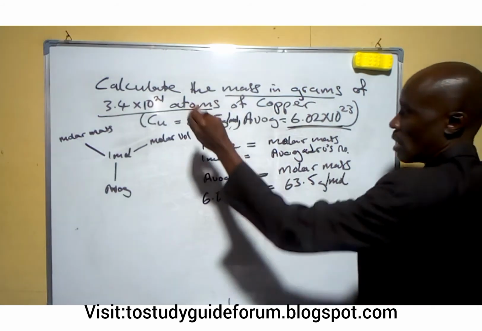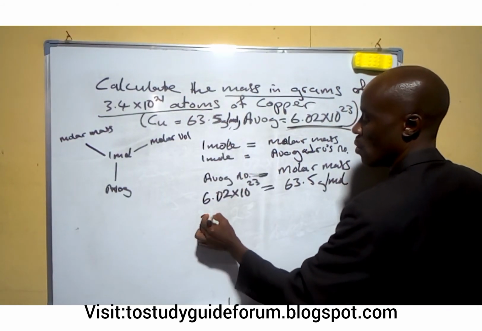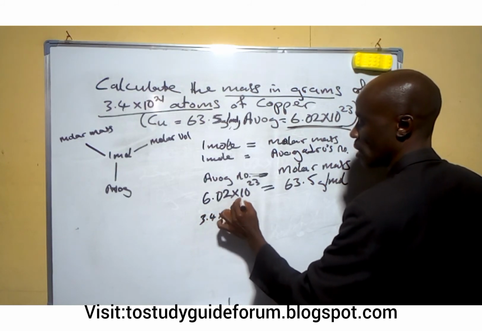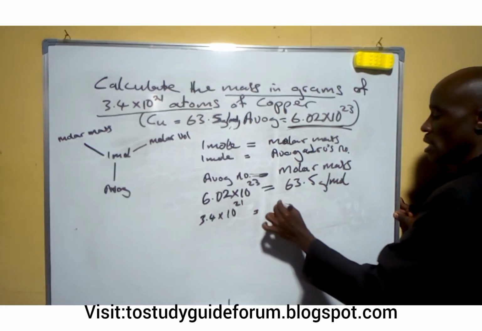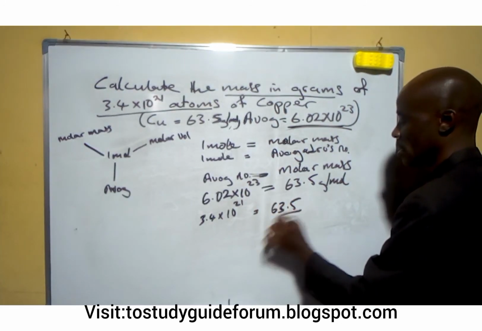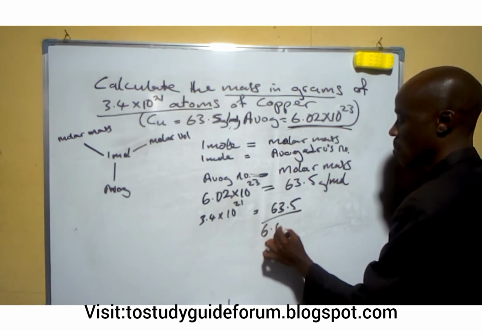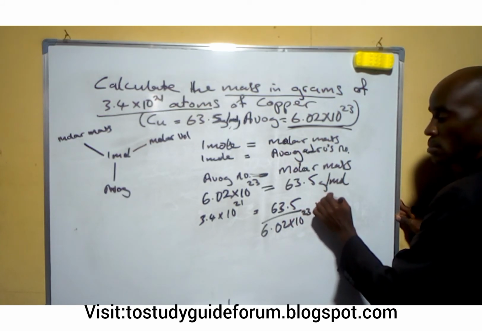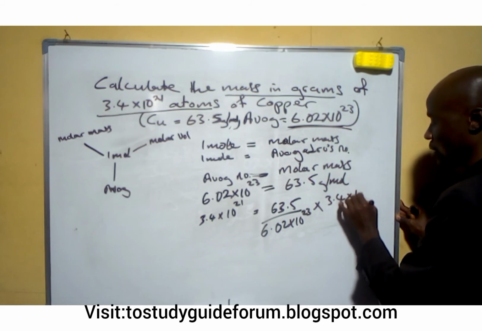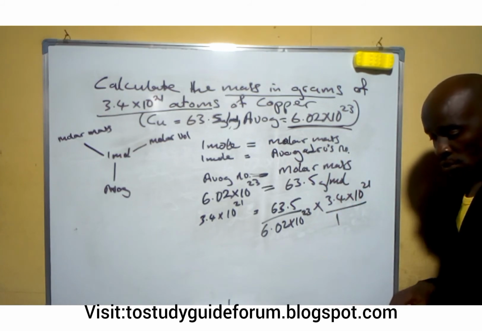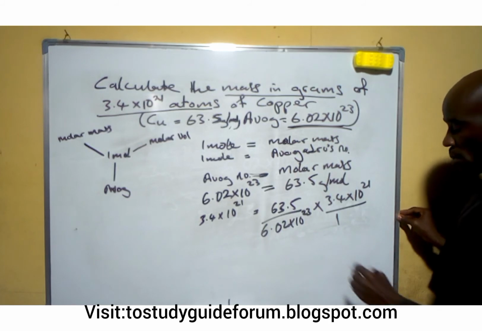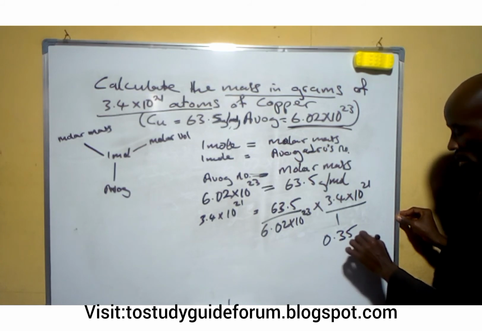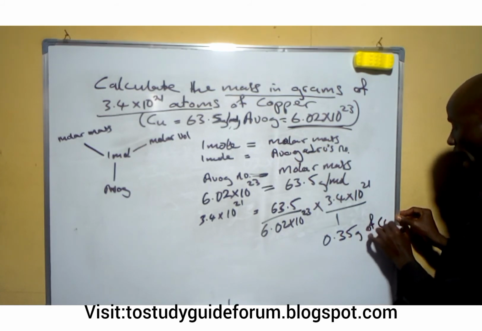Then for this other one, we don't know the number of grams, and we have 3.4 times 10 raised to the power 21. So what we do here is divide everything: 63.5 times 3.4 times 10 to the 21 all over 6.02 times 10 to the 23. When we divide this, we will have 0.35 grams of copper.